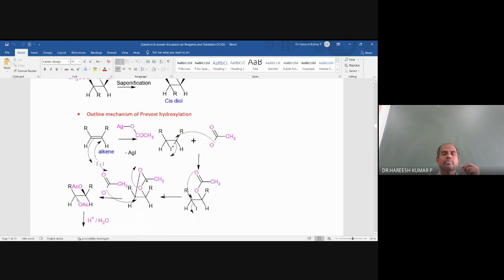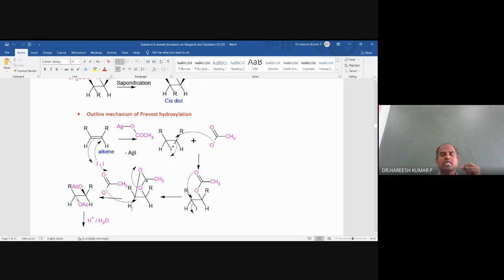If you are looking into the mechanism, the first step is the same as usual in the Woodward hydroxylation, and the second step also is the same. But in the third step, there won't be water attack to the electron deficient carbon. Instead, the dry acetate can capture a proton.